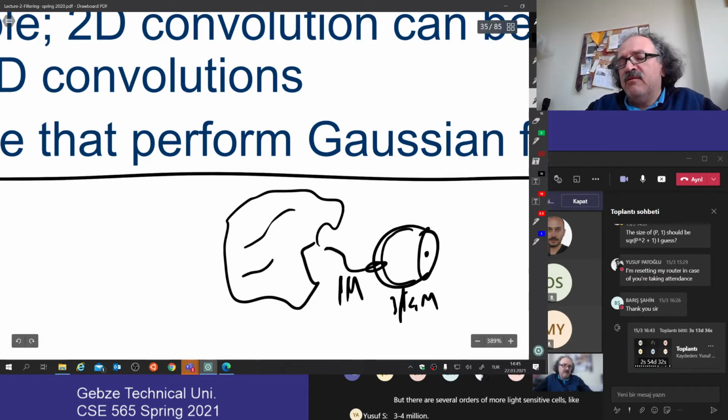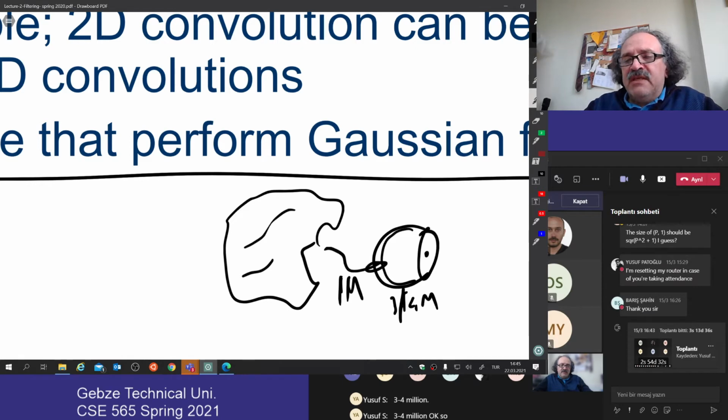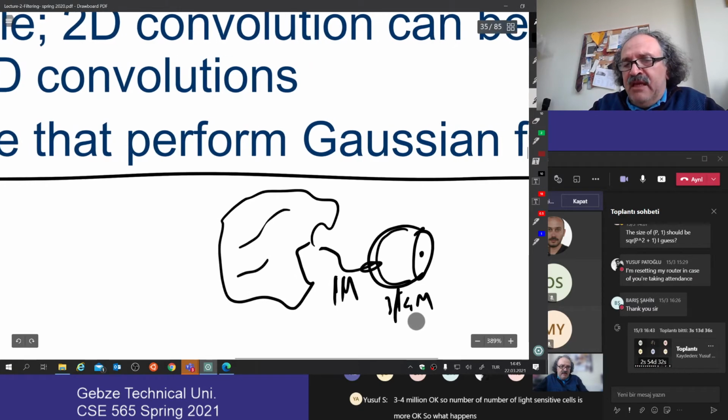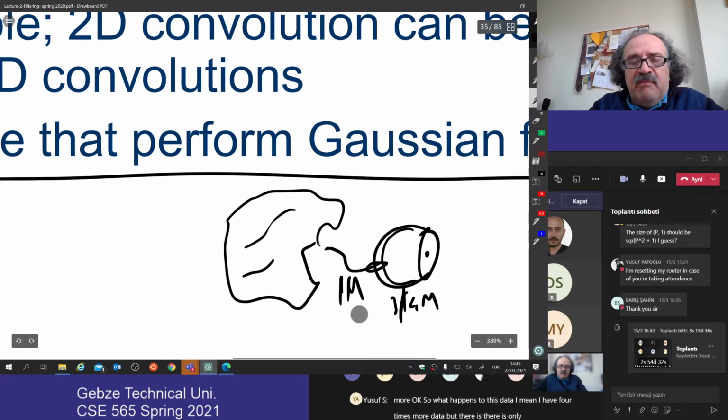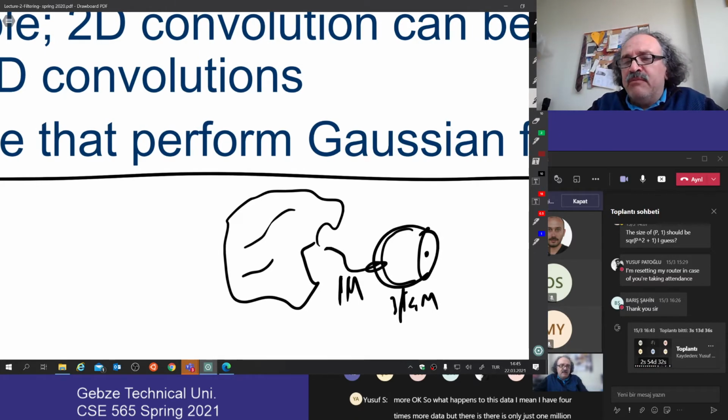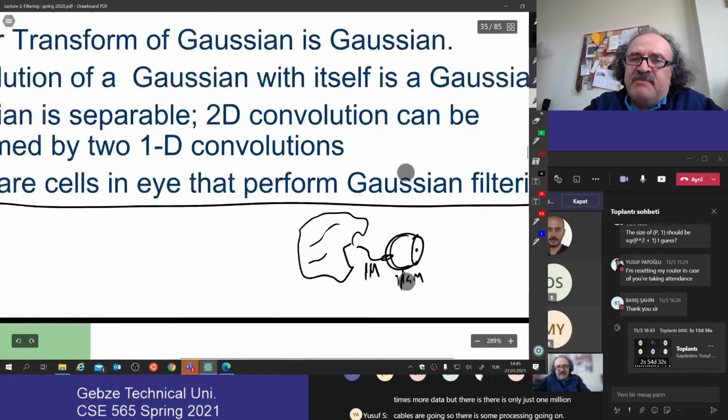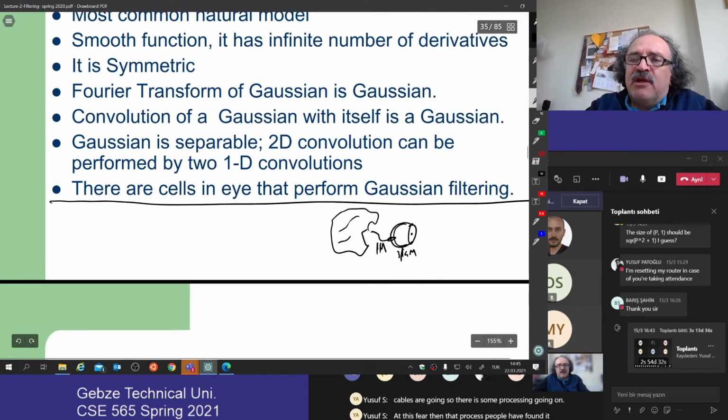So the number of light sensitive cells is more. What happens to this data? I have 4 times more data, but there is only just 1 million cables going. So there is some processing going on at this field, and people have found it is some kind of a Gaussian filtering.